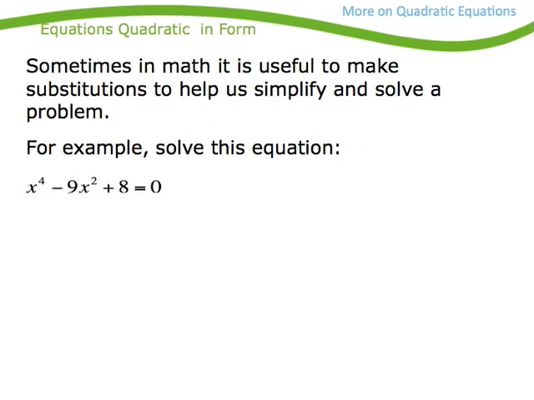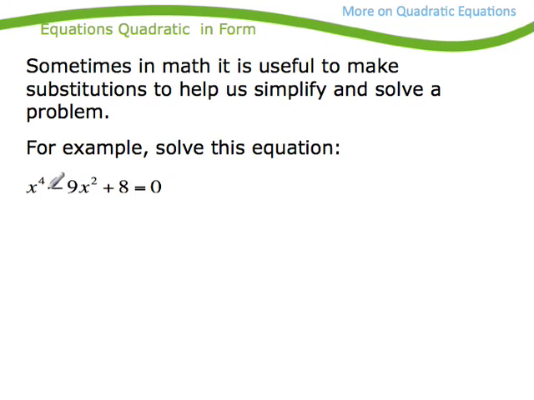Okay, now let's turn our attention to looking at quadratic equations in that form, or something that has that kind of form to it. For example, I've got an equation here. x to the 4th minus 9x squared plus 8 equals 0. It looks very much like a quadratic, but it's got a 4 there.